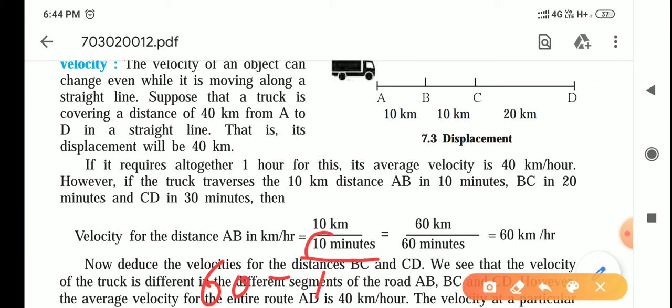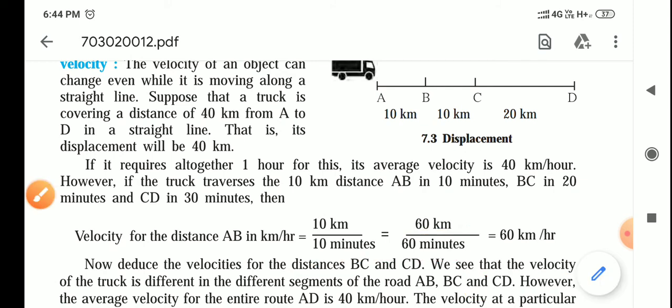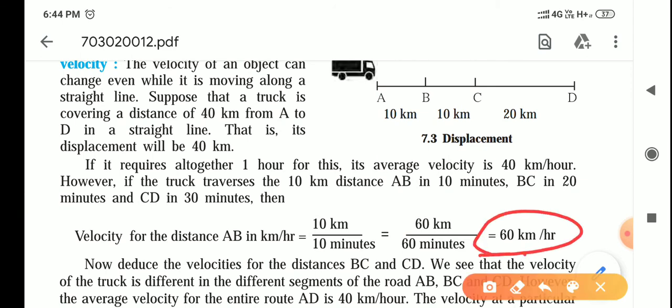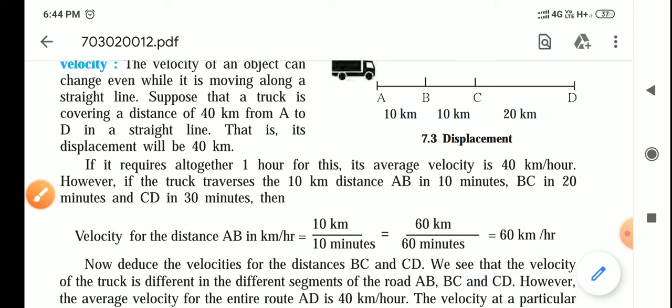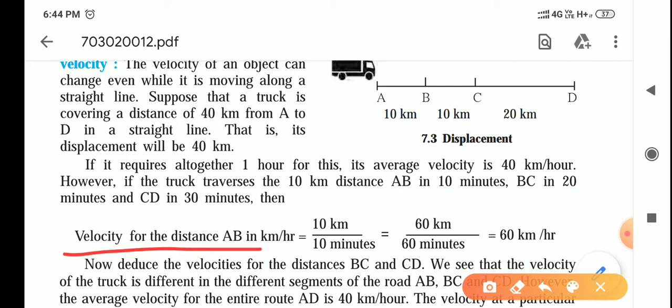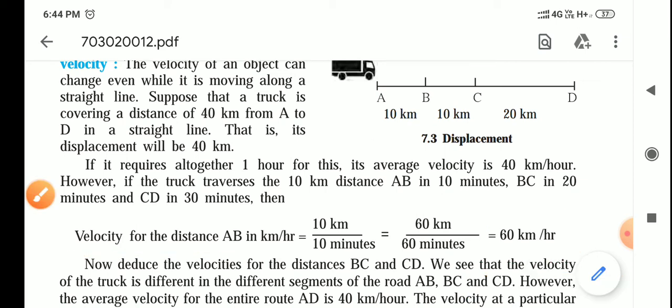So we have to convert this 10 into 60. How will we do that? We can multiply the numerator and denominator by 6. So in the numerator you will get 60 km, and in the denominator 60 minutes, which is equal to 1 hour. So that's why the speed is 60 km per hour. For 60 minutes we have written hour. So velocity for the distance AB in kilometers per hour will be 60 km per hour.